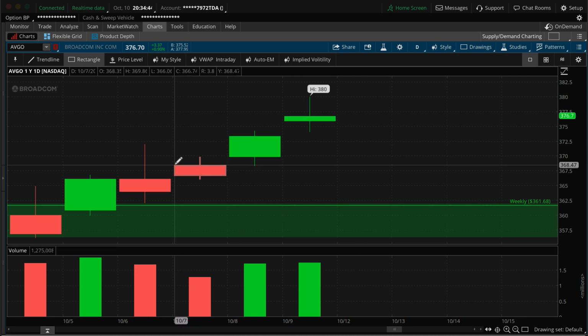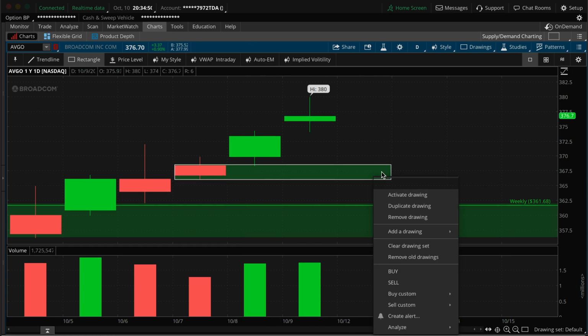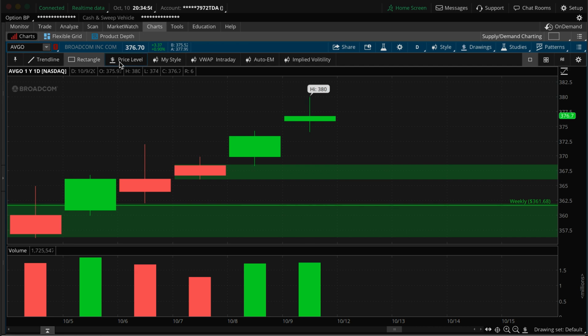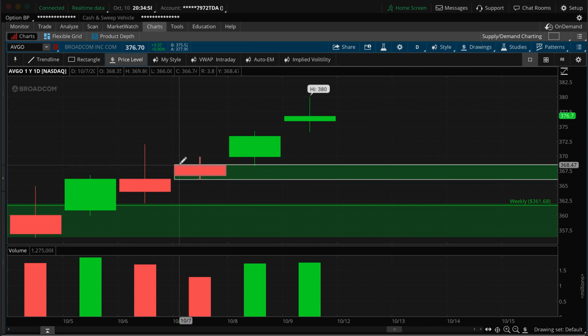It'll be the top of the body to the bottom of the wick. So we will draw that, and then we can extend our days out. And then we want to put our price level, so we want it to be at the open. So that's at 268.35.